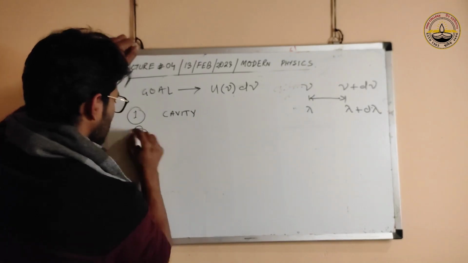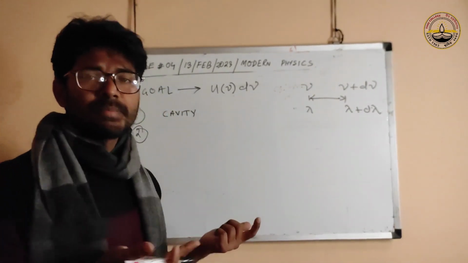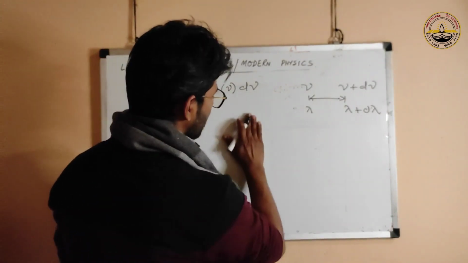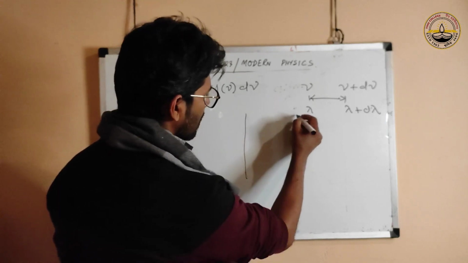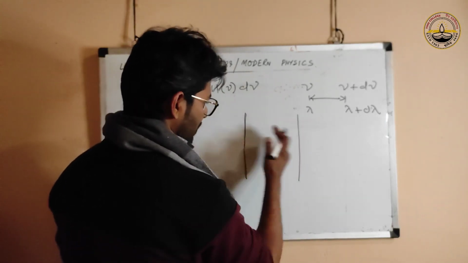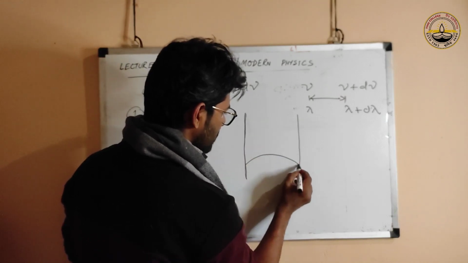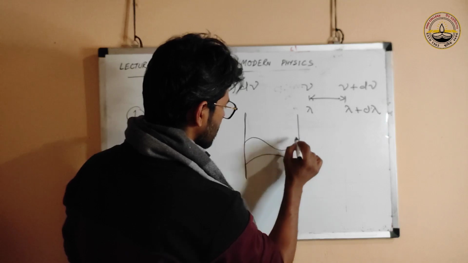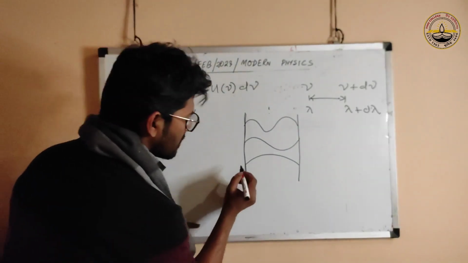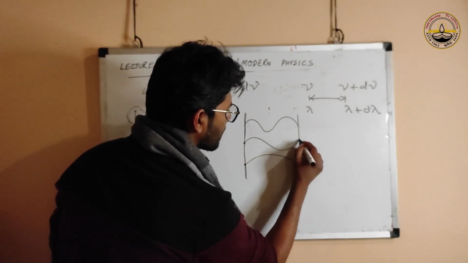Second, waves inside the cavity will of course be standing waves. You know what standing waves mean. If you had two reflecting walls, waves can exist only either like this, or this, or this, like that. The amplitude becomes zero at the wall.